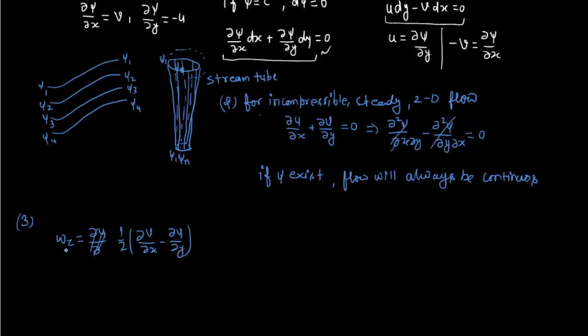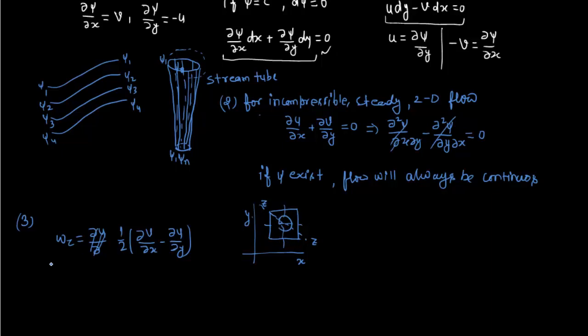So omega z is what? This is the rotation of the fluid about the z-axis. Means if I'm saying this is our plane here, this is our x-axis, this is our y-axis, here is our fluid element, so this axis is the z-axis we are defining here. So we are talking about the rotation about the z-axis, actually this rotation in the 2D plane.